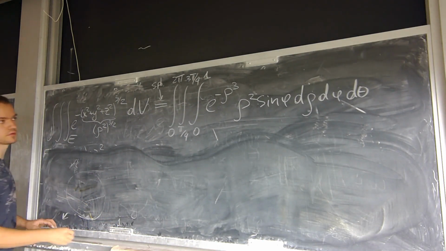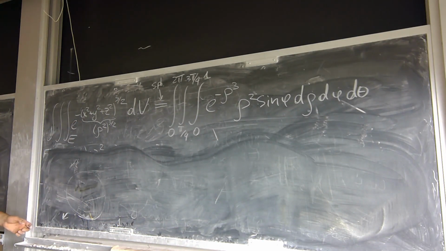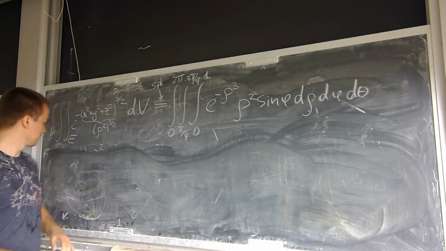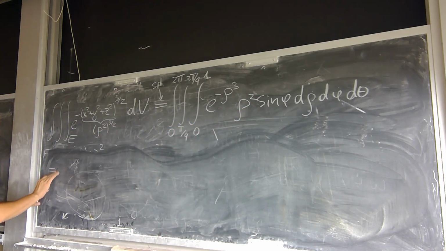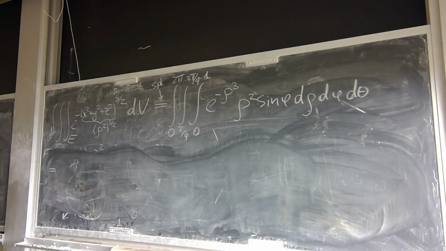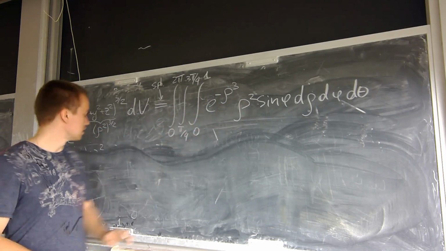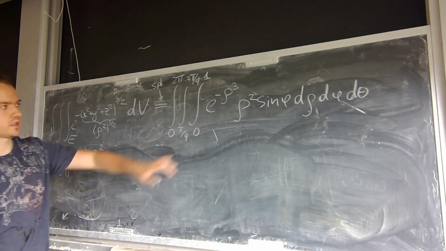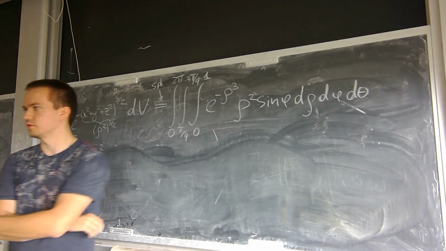I'm going to show you a couple of steps of evaluation of these integrals. So what can I do with this integral? There's one really simple integral that I can write the answer to right away. There is no theta inside, so you can just write 2 pi right away. Do you see why? Then what can I do with the rest of this double integral?